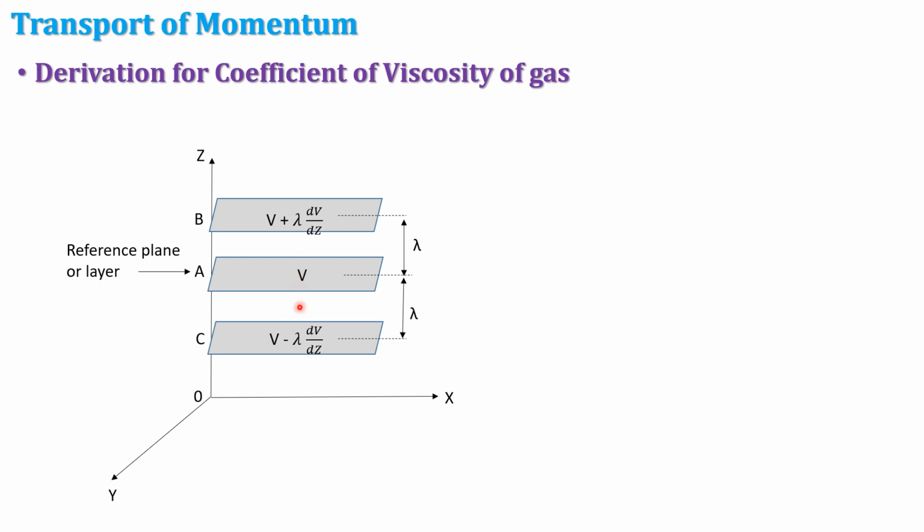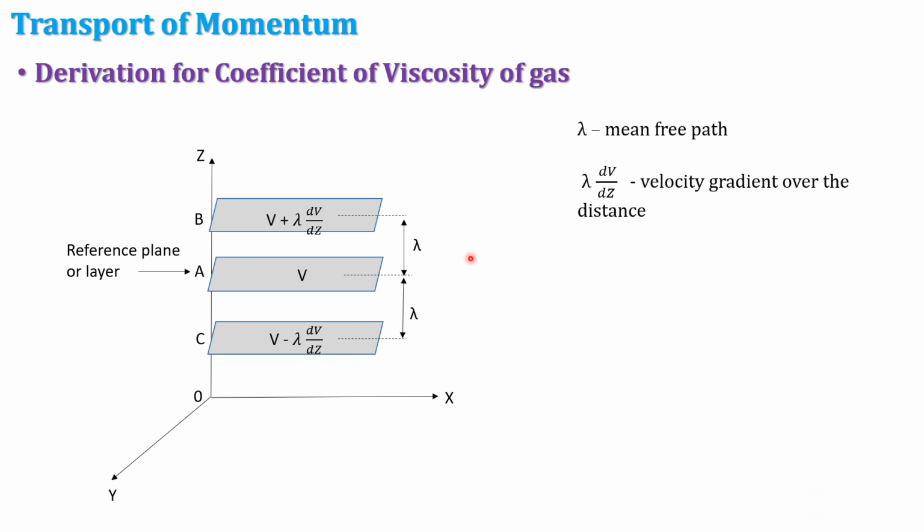This tangential force tries to reduce the difference in velocities of the layers on the two sides of the layer A. This property is known as viscosity of gas.